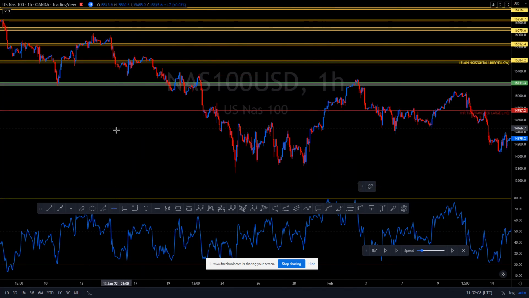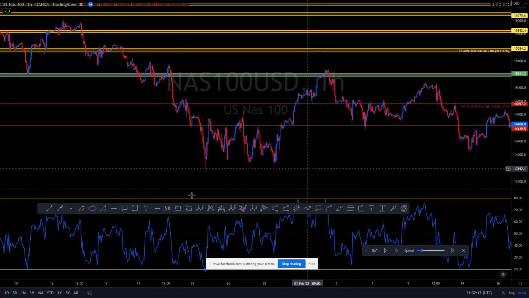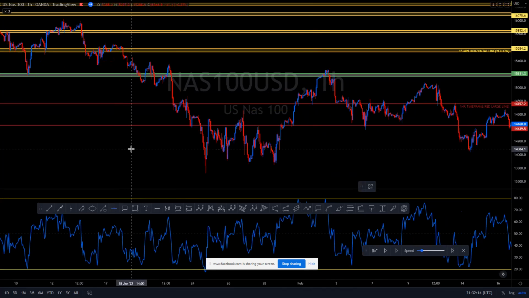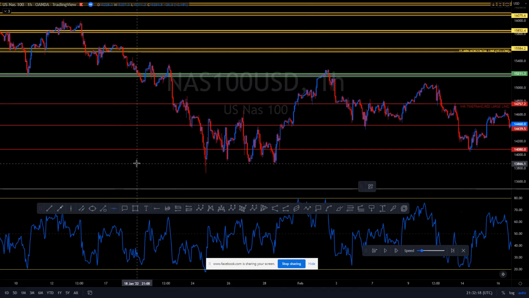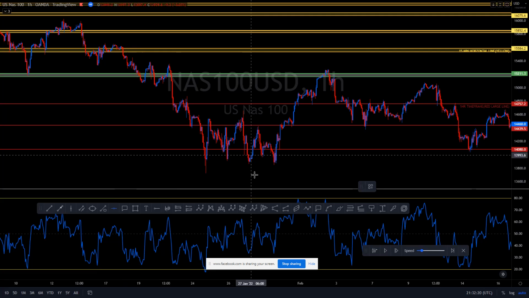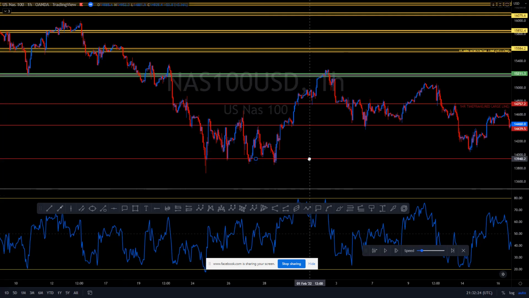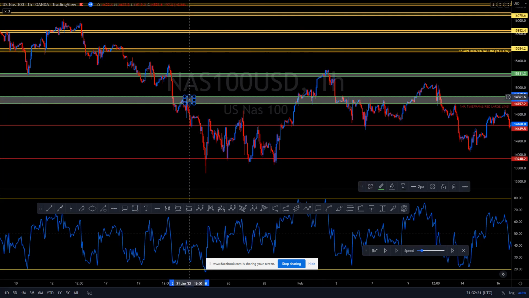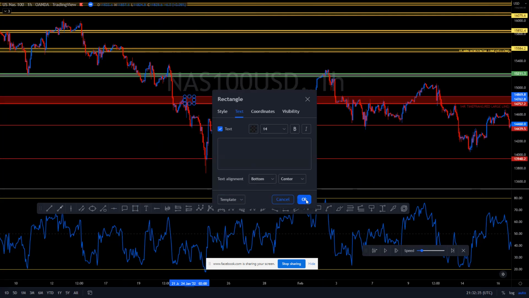And then I'm going to also put this area here, an area down here, and then there's another one. You know what? Let this one go down here, pretty much accurate. And then I'm going to draw my zones on these as well, and we're going to make this red.